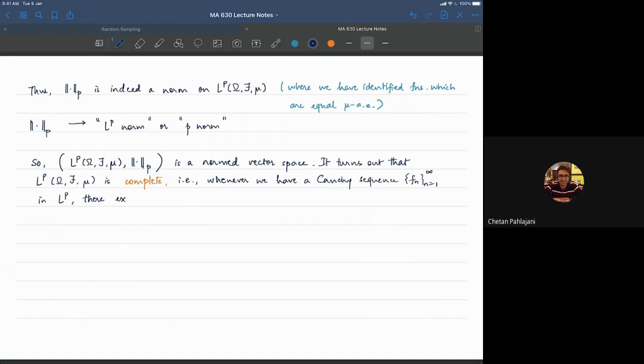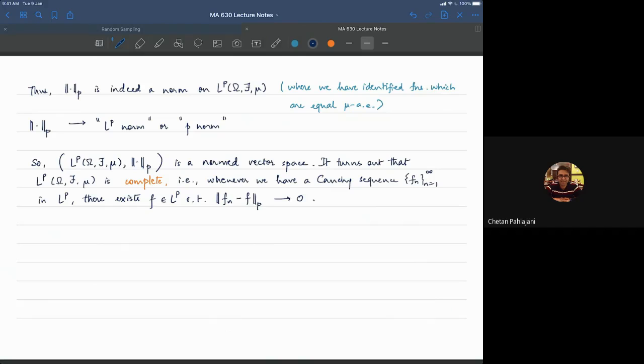So there exists f in L^p such that the norm of f_n minus f in L^p goes to 0. All right, any questions so far? All right, so I want to do some of this part of showing the completeness of L^p. I will not do it in entire detail.